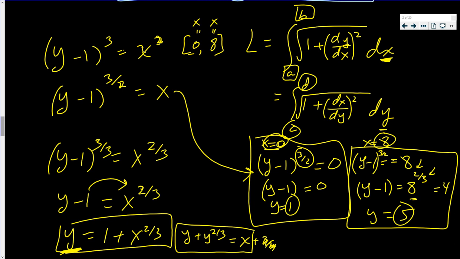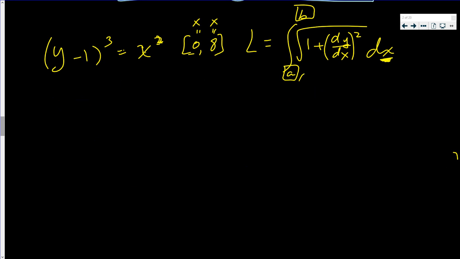Okay, so sometimes you can't solve for y. Then you're going to have to use this equation and find the y limits. But as I said, we're not going to do that here. It's too complicated. Or it's not too complicated. It's just not worth the effort.